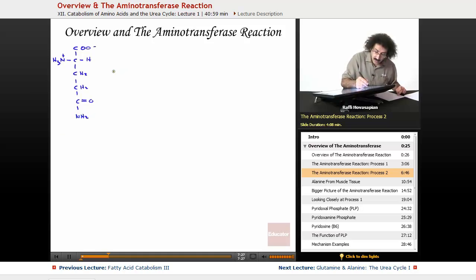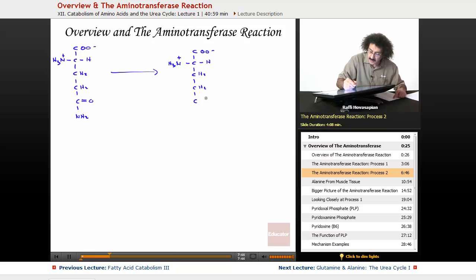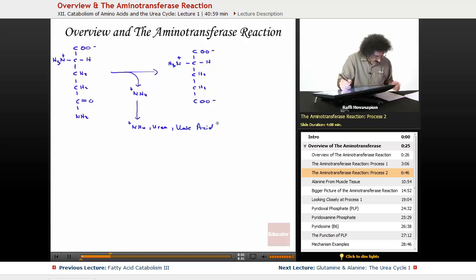So this goes to our C, C, C, C, C, O minus. This is H. This is NH3 plus, CH2, CH2. And of course, NH4 plus, which goes on to release either the NH4 plus, the urea, or the uric acid.